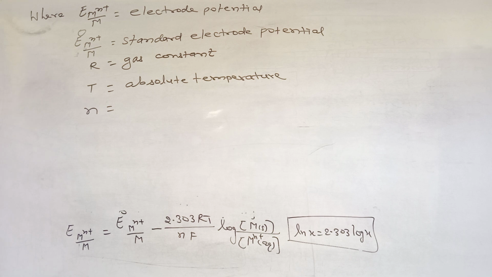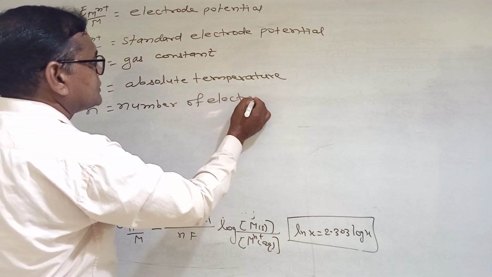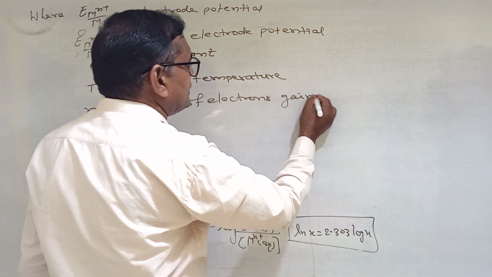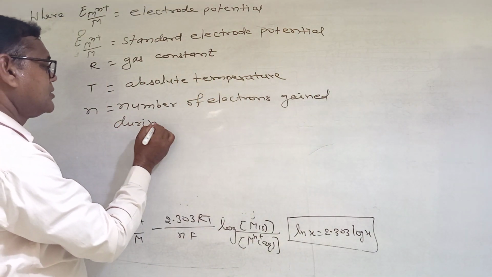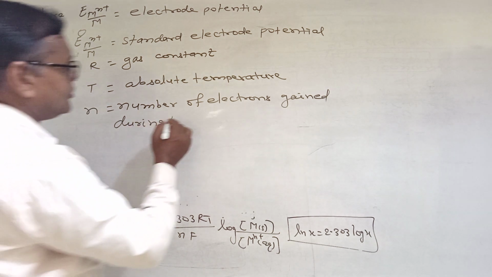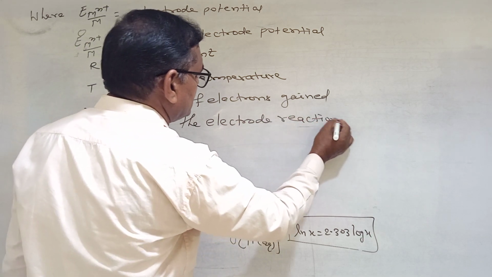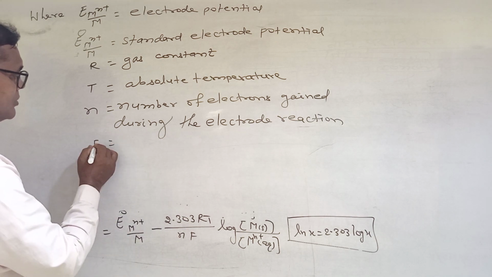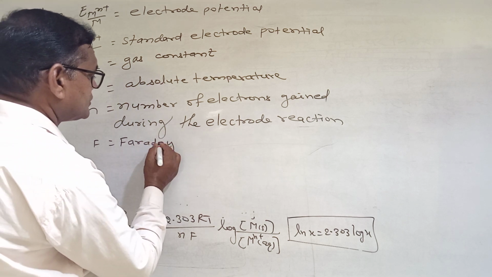n is equal to the number of electrons gained during the electrode reaction. F is equal to the Faraday constant.